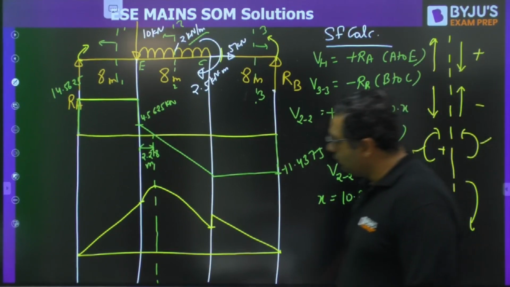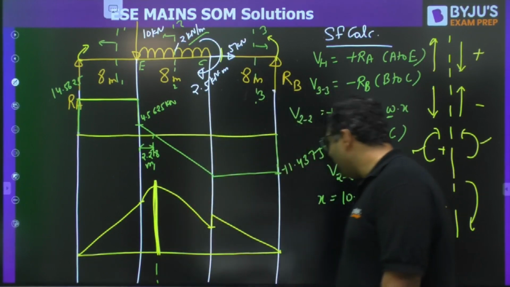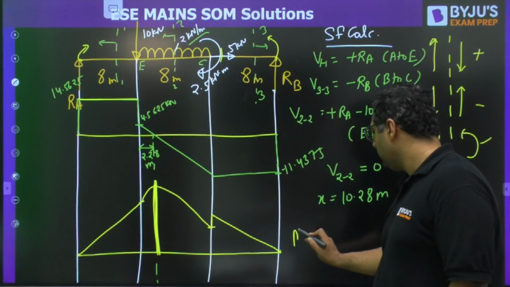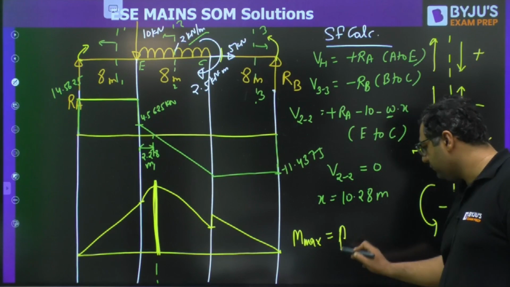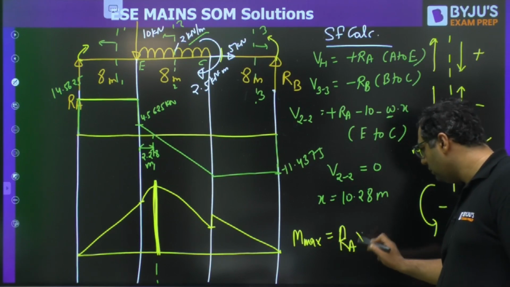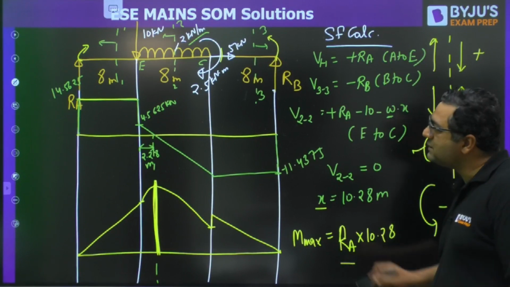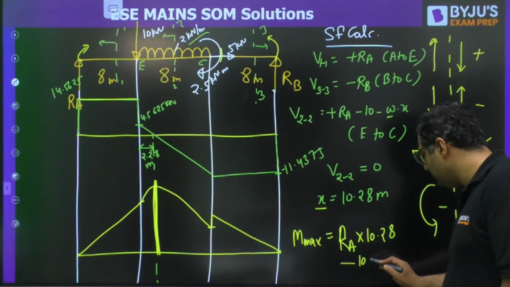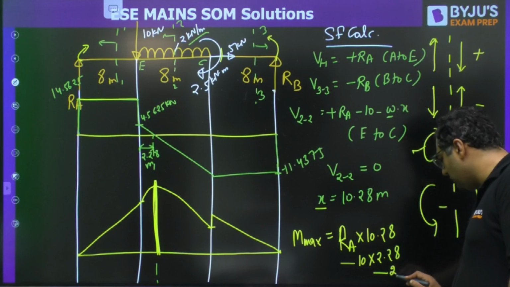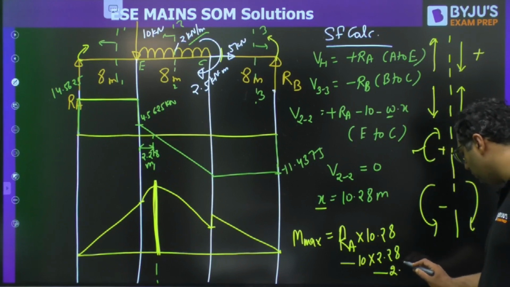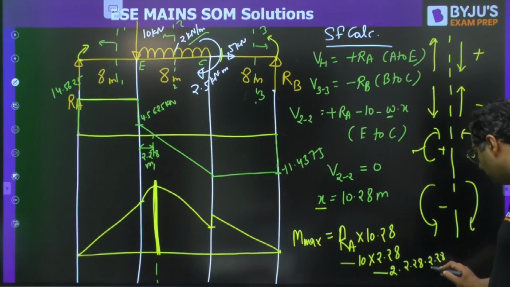And if you want to find out this maximum bending moment, my dear, for that you can write bending moment maximum as RA into 10.28 minus 10 into 2.28 minus W into X into X by 2.